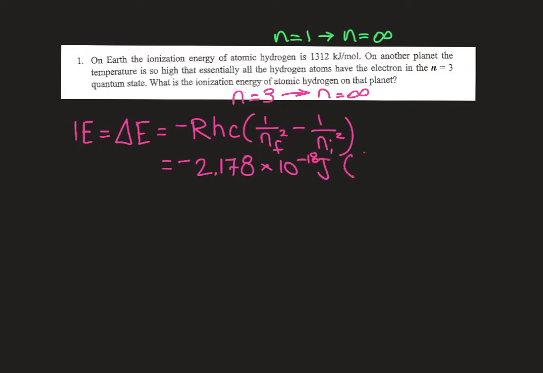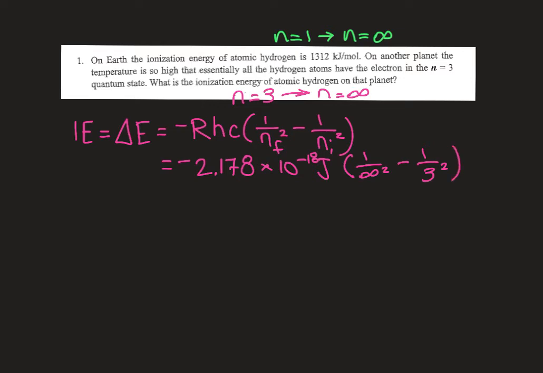All right, and then we're going to sub in our final situation, which is going to be infinity. And then subtract from that 1 over our initial energy level for this crazy planet, which is 3, and then we have to square that. So that'd be 1 over 9.